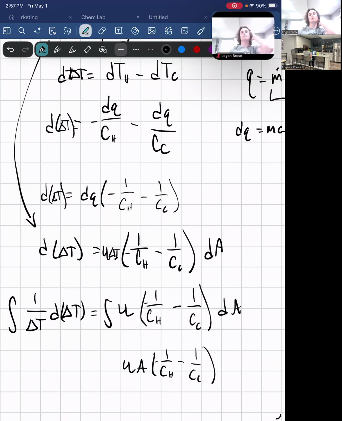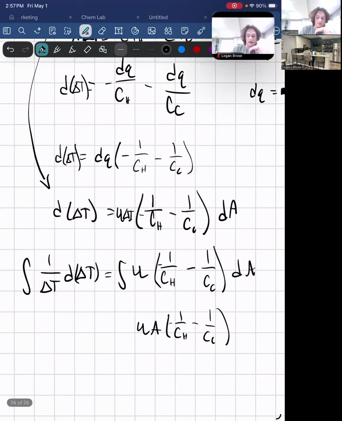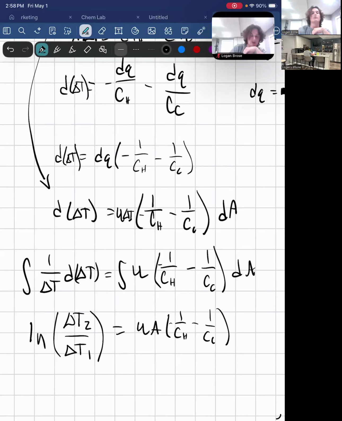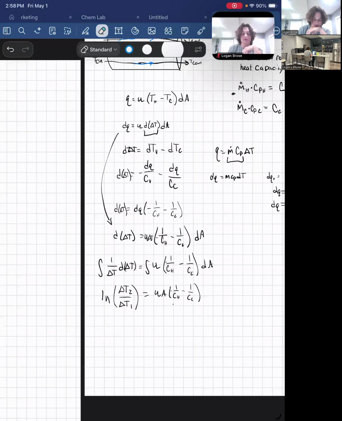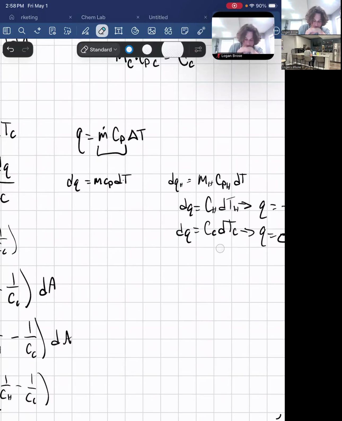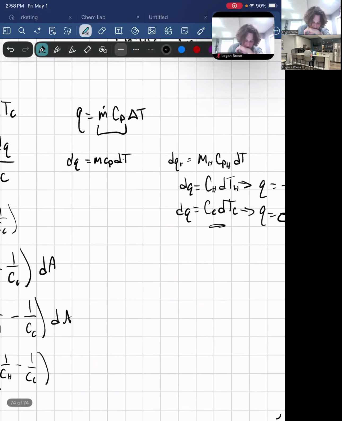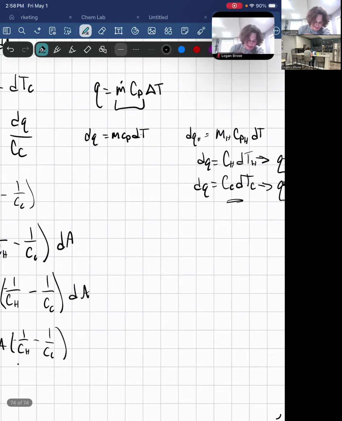On the other side, we have the natural log of delta T2 over delta T1. Here we can take out these values and put in the values that we would get by solving for them here, which are dq over TC or dq over TH.